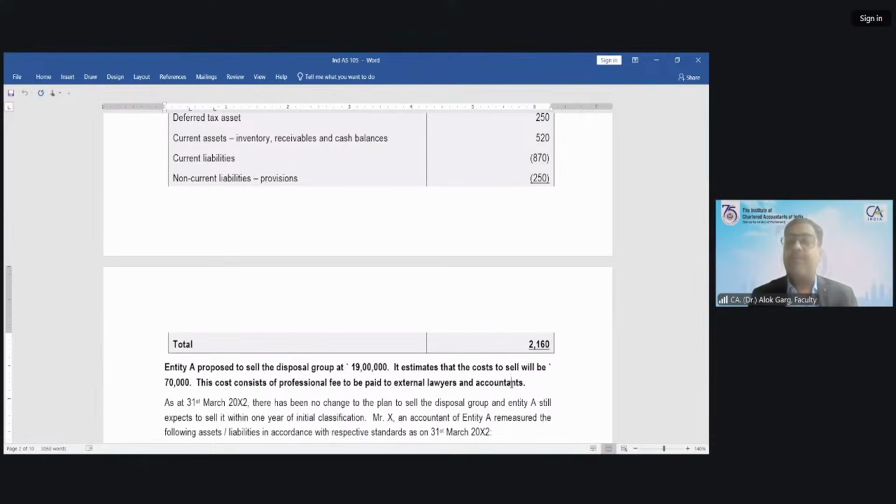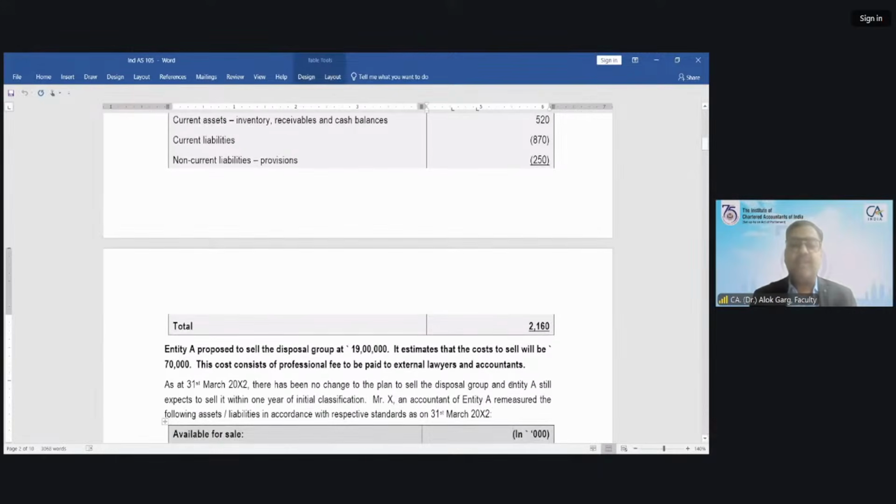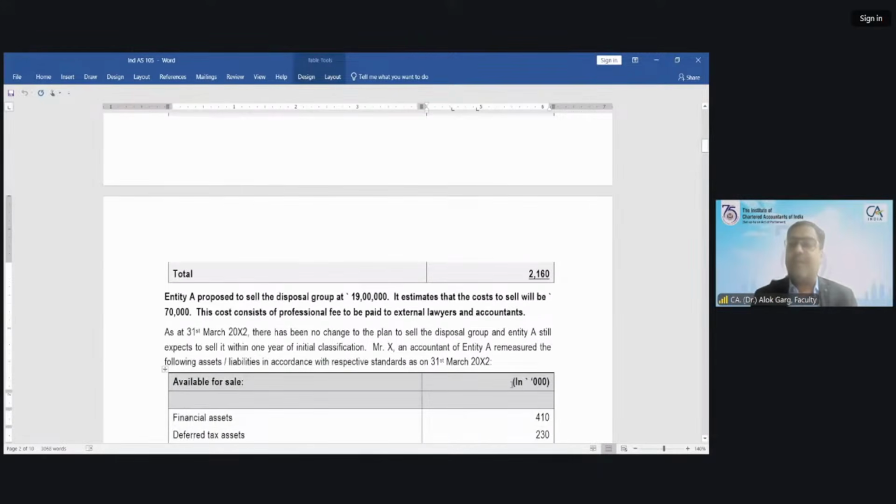Then on the reporting date, as on 31st March 20x2, there has been no change to the plan to sell the disposal group and entity A still expects to sell it within 1 year of the initial classification.